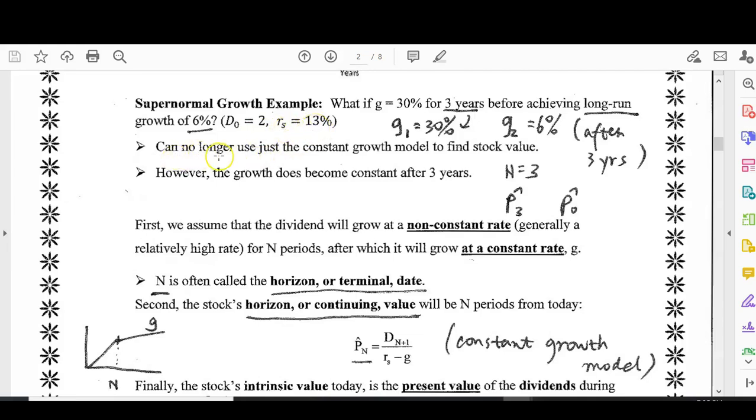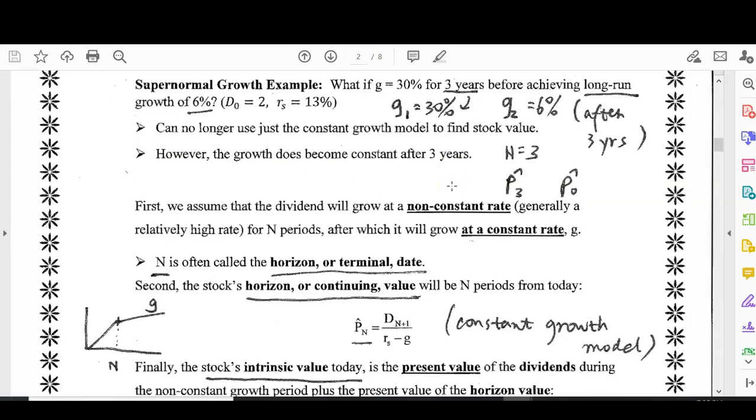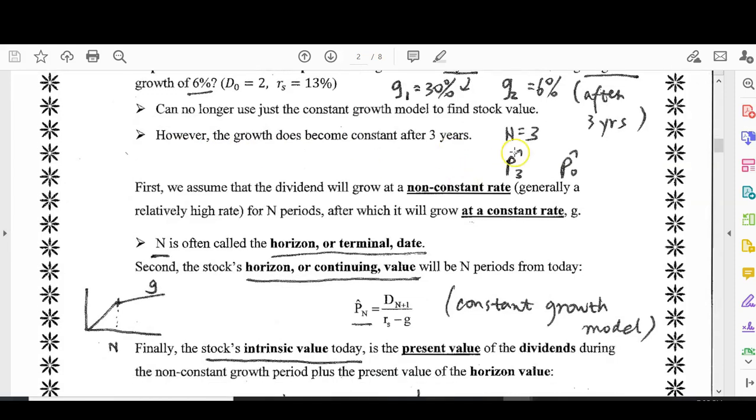Okay, in this case, we can no longer use just the constant growth model to find stock value. The constant growth model only applies to the second stage. However, the growth does become constant after 3 years. Okay, so the dividing date is 3, n equals 3.